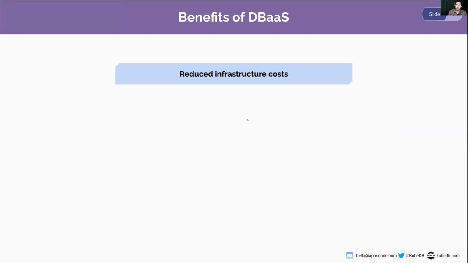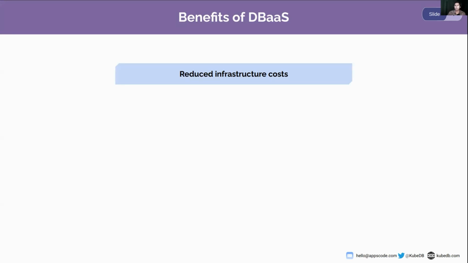Now let's talk about the benefits of DBaaS, that is, why you need a managed database solution in 2023. The first point is obviously reduced infrastructure cost, because when you try to set up a database, you have a massive cost upfront. You have to buy your infrastructure and then set up your database.